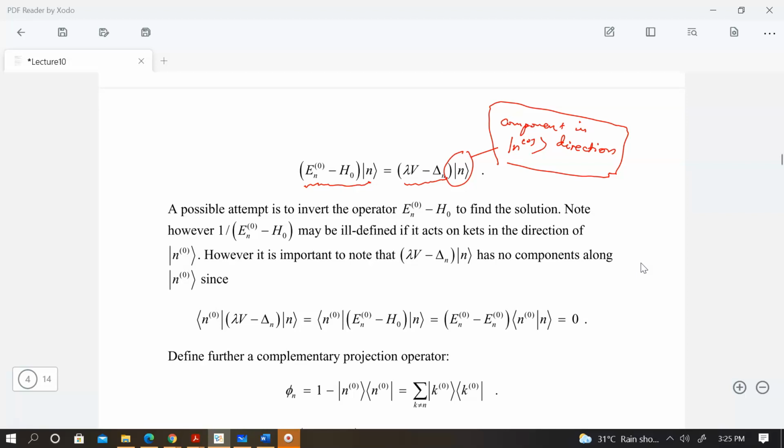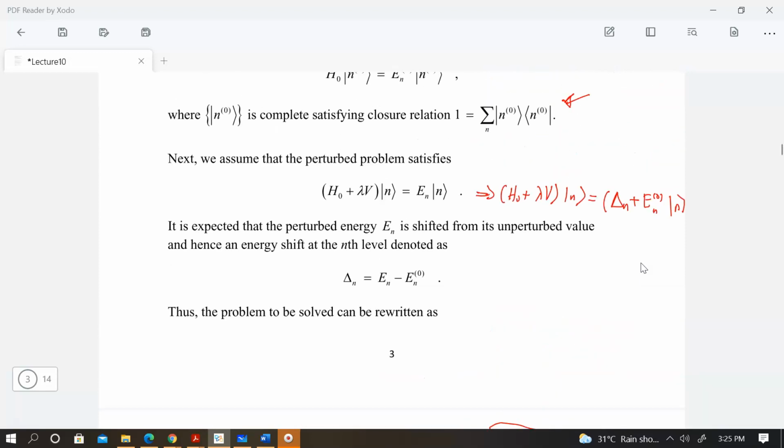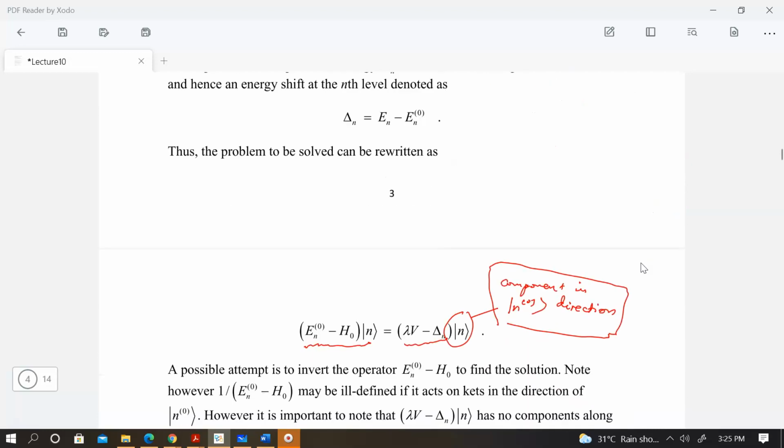So if you just simply make this inner product with n0, you find that n0 lambda v minus delta n, remember that this is the same as this operator. Yeah, sorry. This one is equal to that.